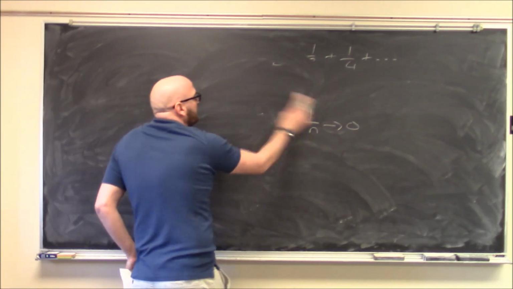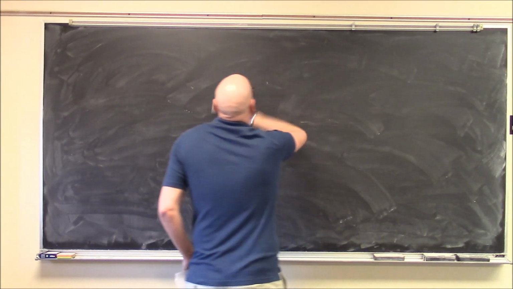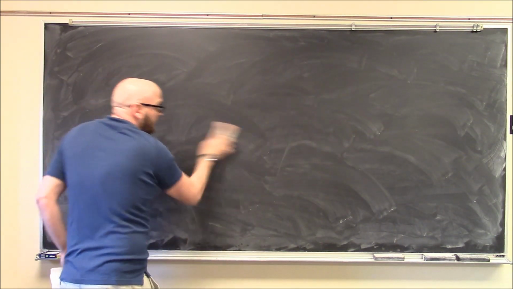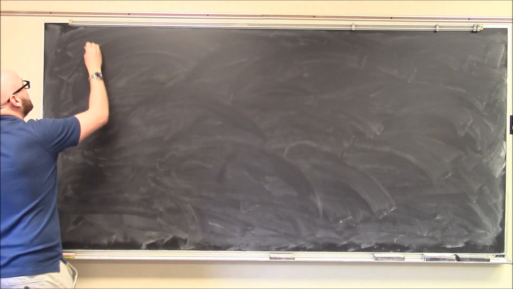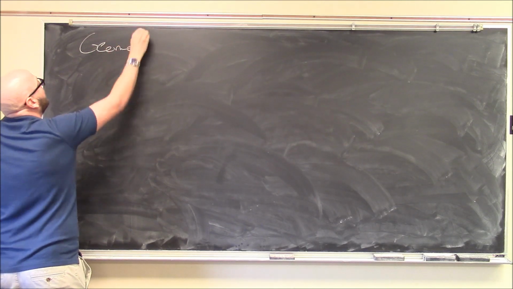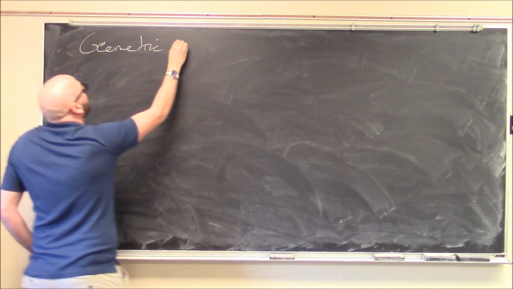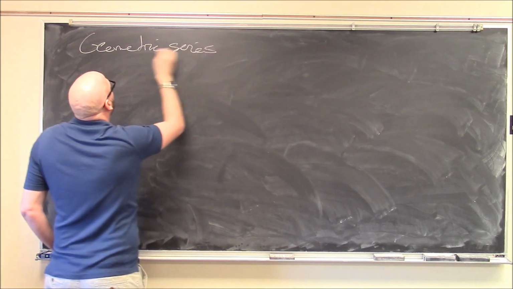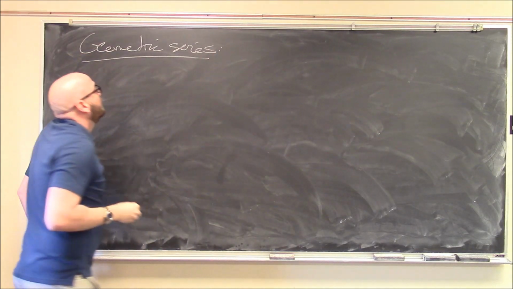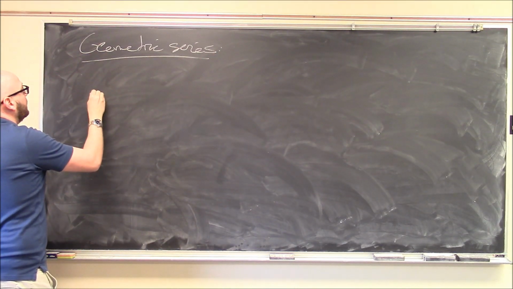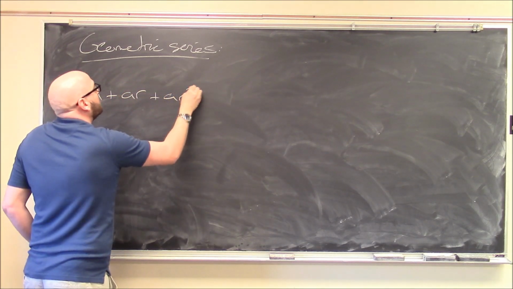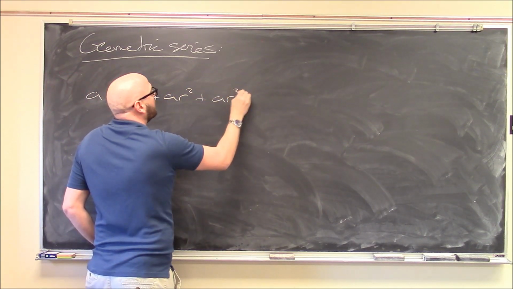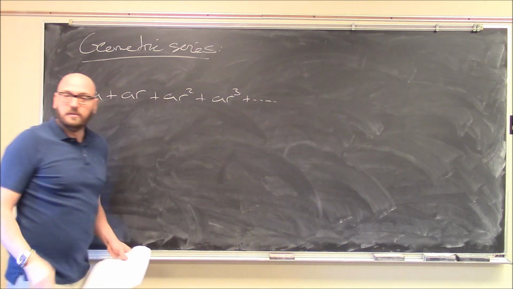And so there's two very important types of series that pop up in this section, telescoping and geometric. I'm not going to talk about telescoping today. We'll just do geometric series. And these look like the following. It looks like a plus a times r plus a times r squared plus a times r cubed, and so on.